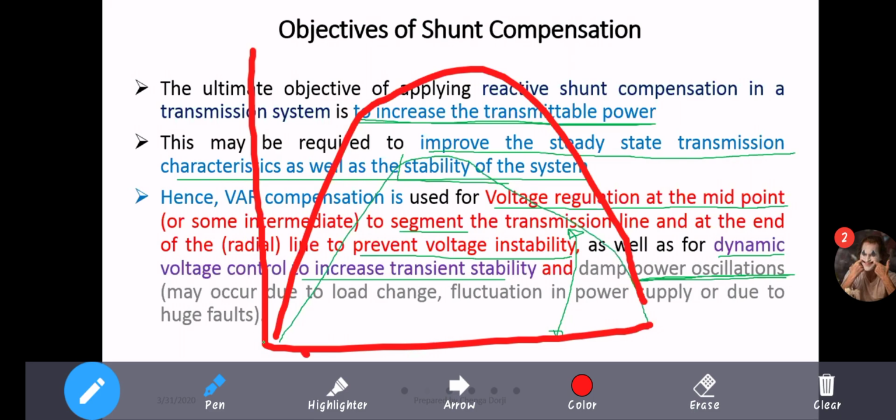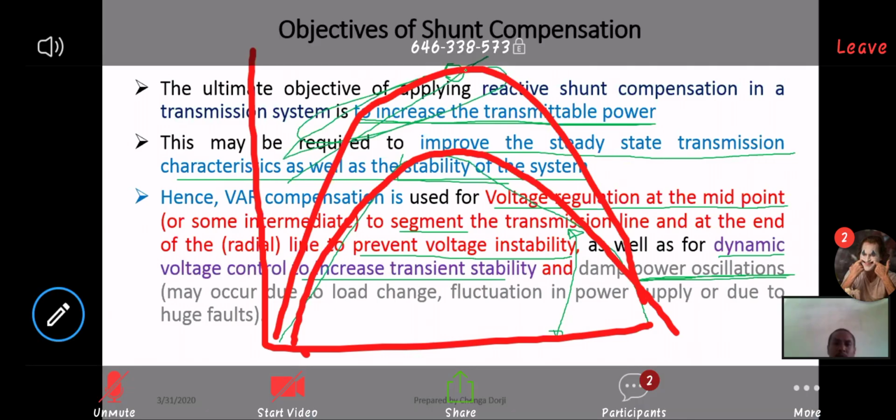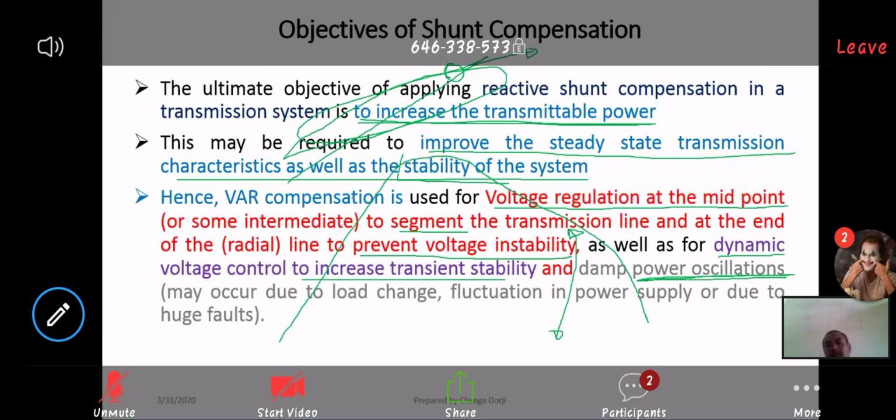Equal area criteria. The rotor will swing this way, up and down. So if it swings beyond this, then the machine will become unstable. So this is what it actually means.